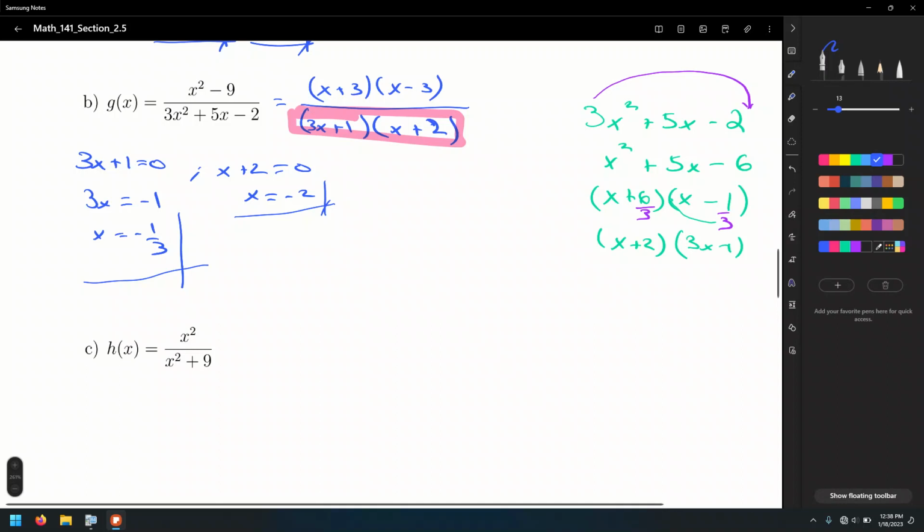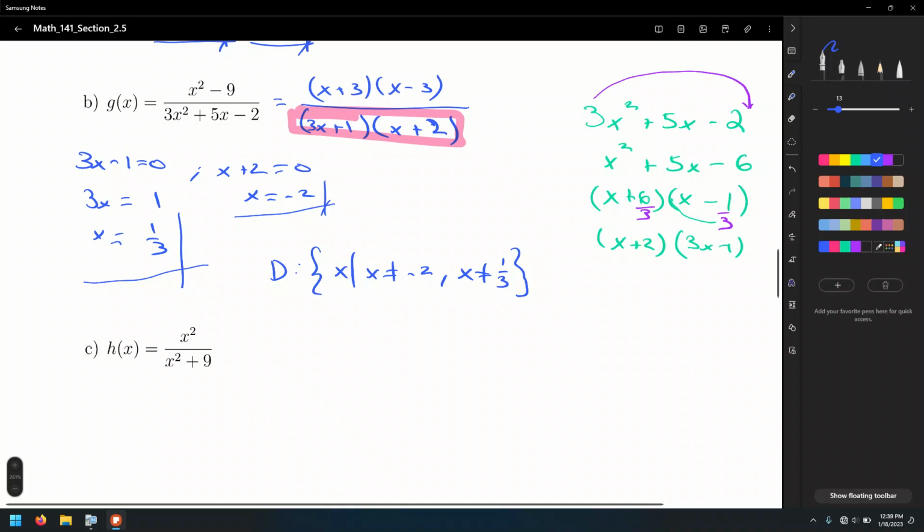Let's see what's next. Actually, this one's supposed to be negative. This becomes positive because of this negative here. Silly sign mistake. So, stating the domain: x such that x cannot be negative 2 and cannot be negative 1/3.